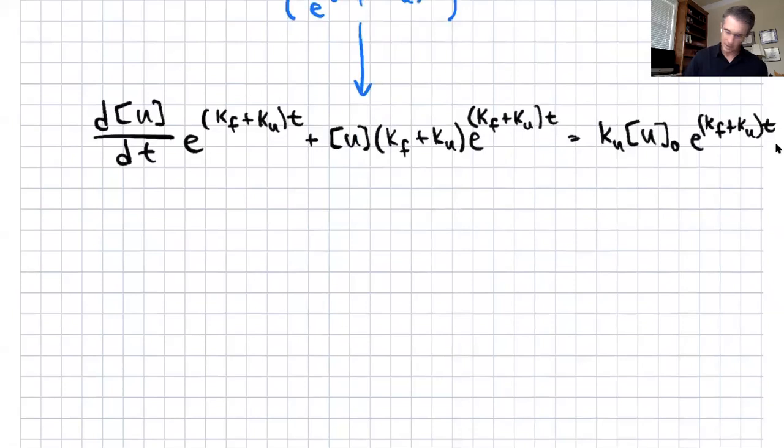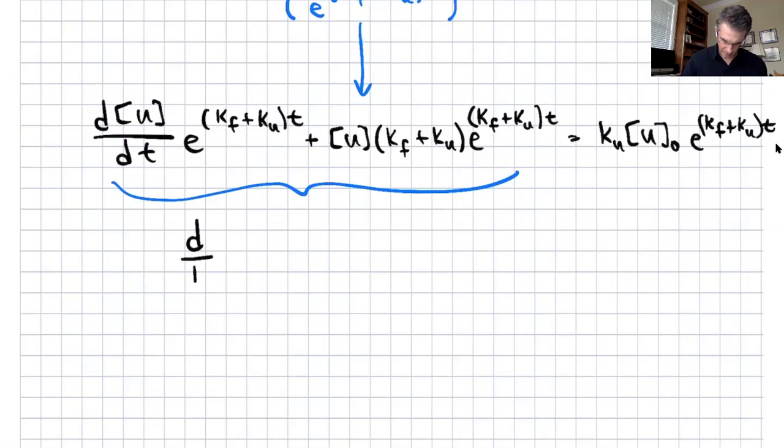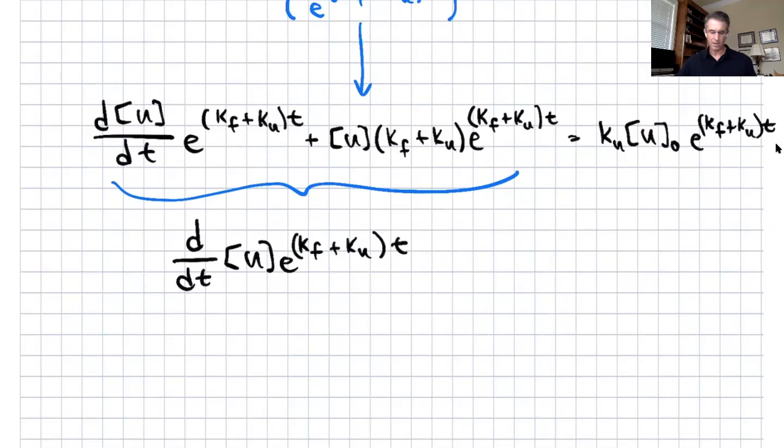Like I said, this side is equivalent to the following, which is the derivative with respect to time of the product of two functions, u and e to the (kf plus ku)t.